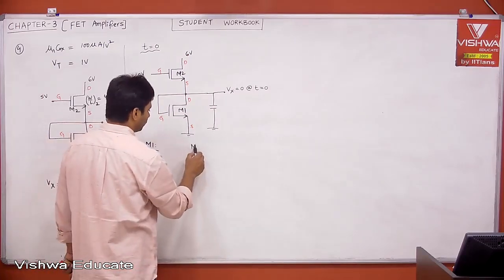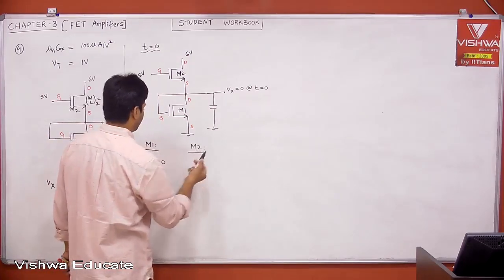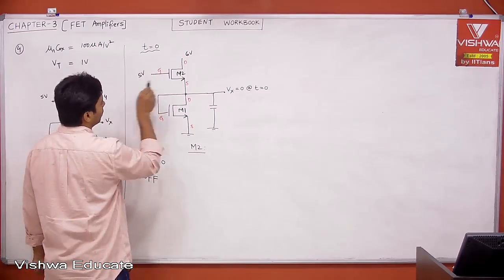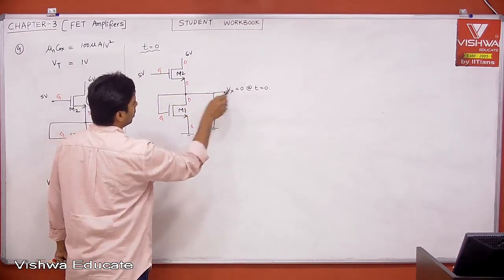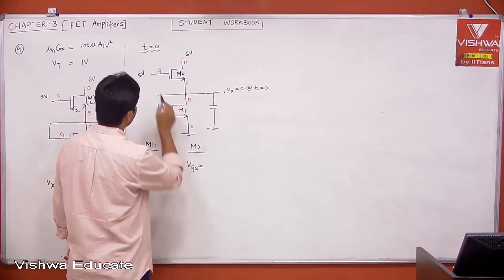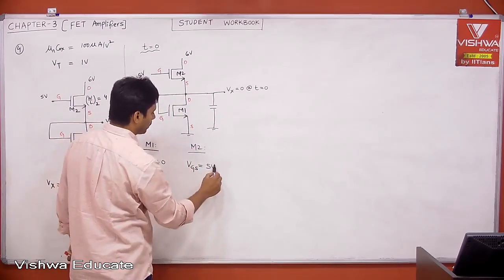What about M2? What is gate to source voltage? Your gate is 5, what is source? 0, therefore VGS is equal to 5 minus 0, 5 volt.